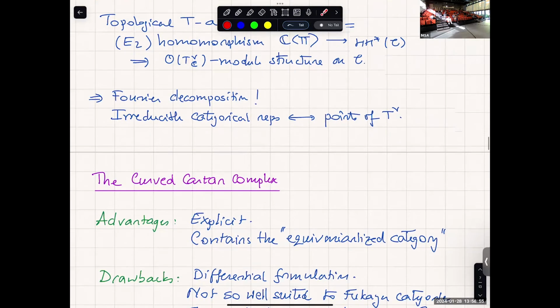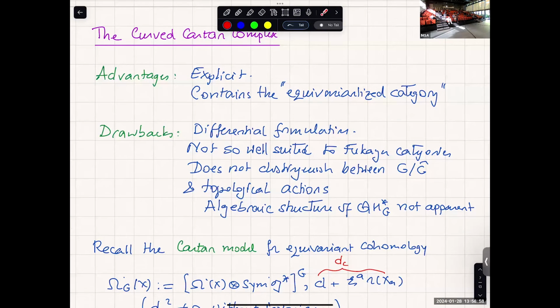All right. So let me give you the first model, which is very rigid and differential. The advantage is that it's something you can explicitly write down, and it contains what I call the equivariantized category.